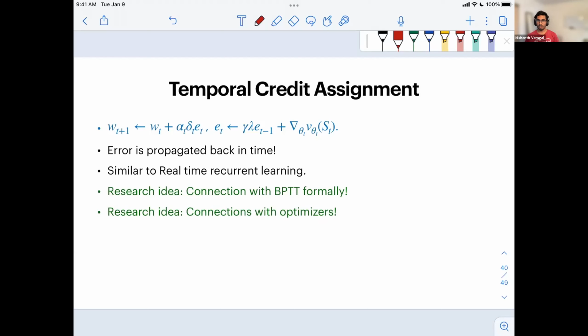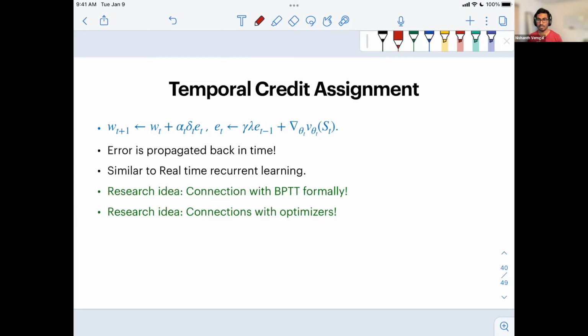If you think of momentum SGD or Adam or Adagrad or any of those optimizers, they accumulate gradients, and then use this accumulated gradient to update the parameters, which is what is happening here as well. So maybe there's some formal connection that could be made from the optimizer's point of view. That's another idea that I can think of.